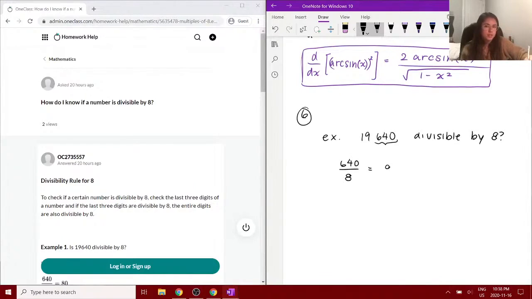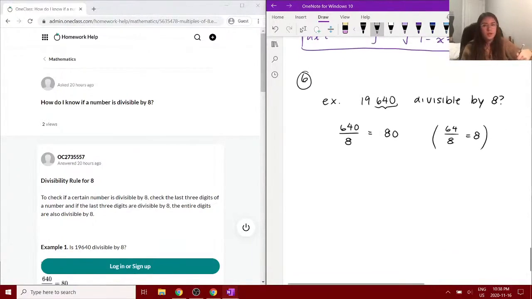We can tell that this is equal to 80. If you can't do that in your head, just think that 64 divided by 8 is 8. So all you have to do is add the zeros to the end. So therefore, we can tell just by doing this that 19,640 is divisible by 8.